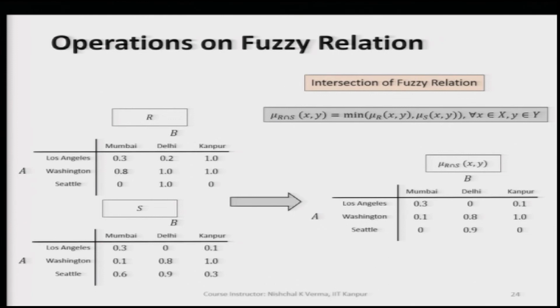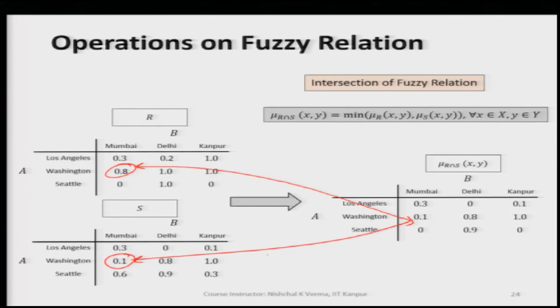in intersection instead of max we take the minimum, and when we take minimum, let us say we take this element and this element, and corresponding to the ordered pair values we take min, we are getting here 0.1.